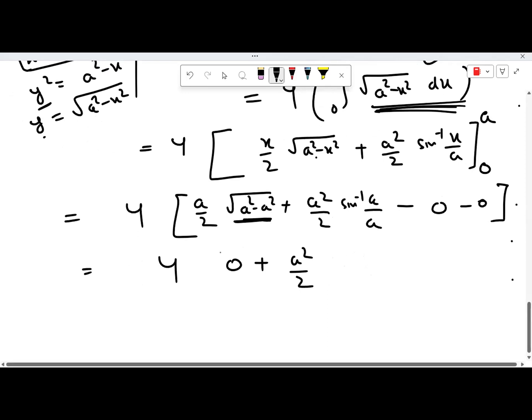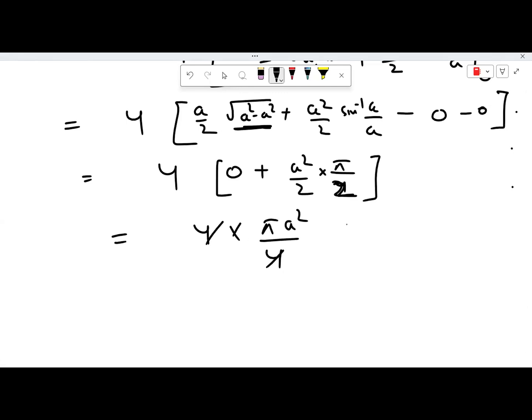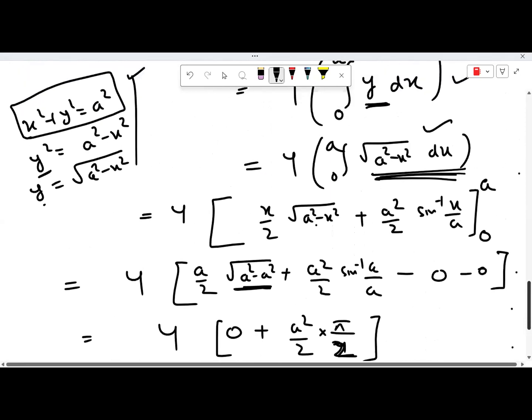How much is sin inverse 1? pi by 2. Sin is 1 at pi by 2. So 4 times pi a square by 4, so pi a square. So the area of a circle is pi a square, pi r square.